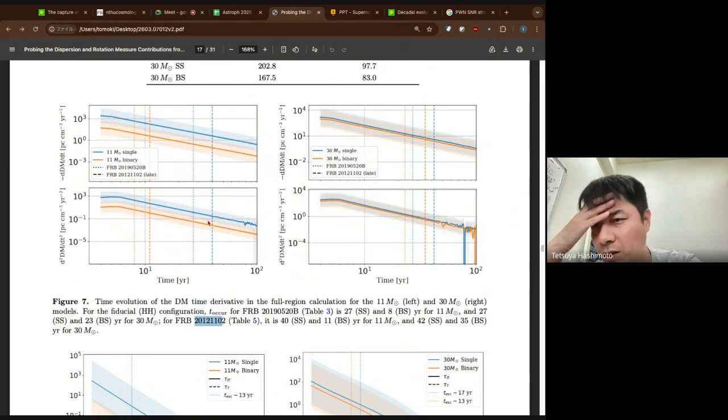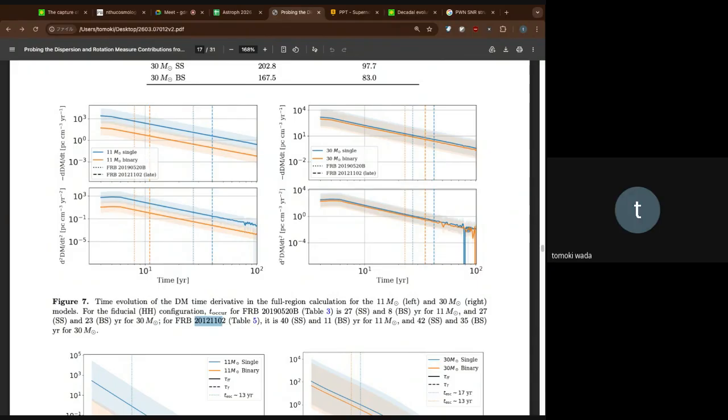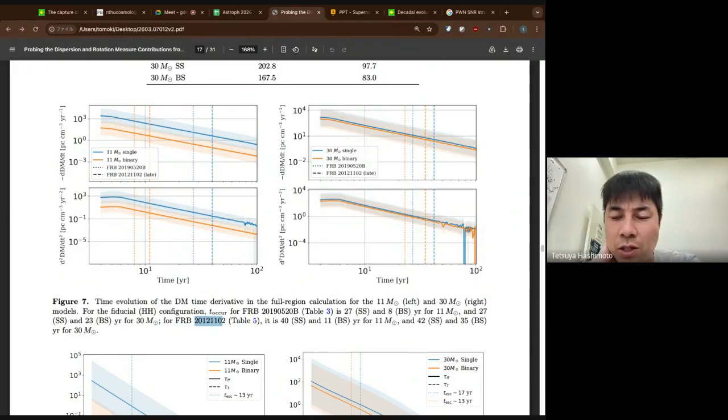Actually, this reminds me that there might be a possibility of missing repeaters. In this case, they are saying that DM changes across time, right? And this dDM/dt could be higher if the progenitor is very young. Then even within 1 year, it could change significantly. So when CHIME people identify repeaters, they use the DM measurement across different times.